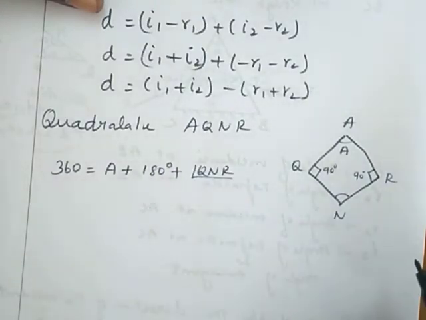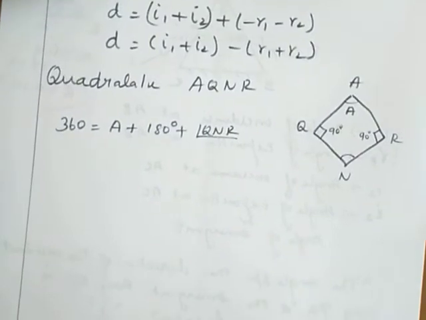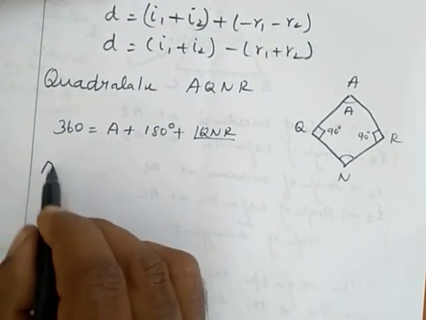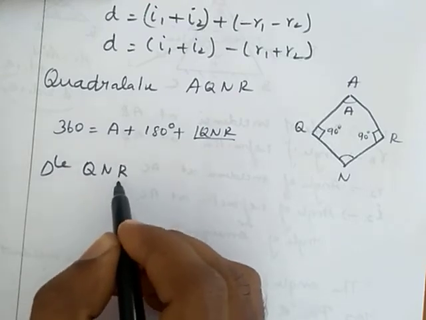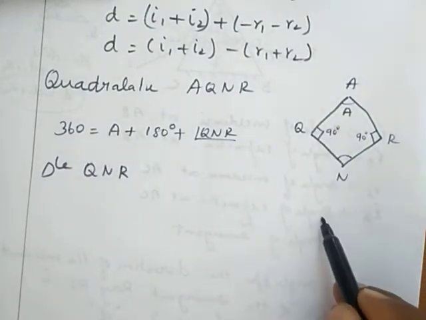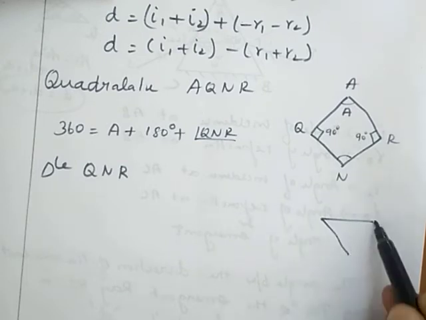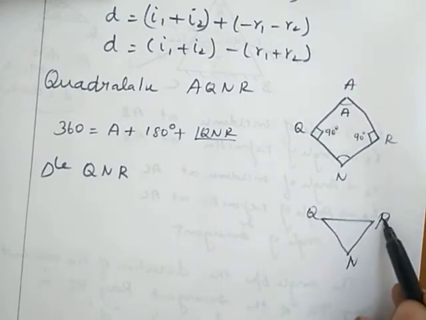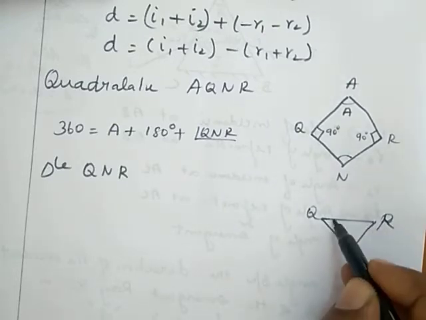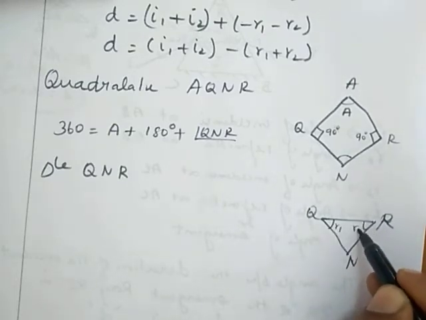Then next I consider a triangle QNR. Here we know this is R1, this is R2.